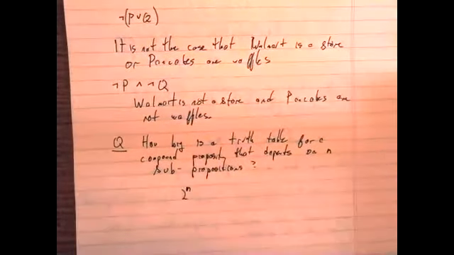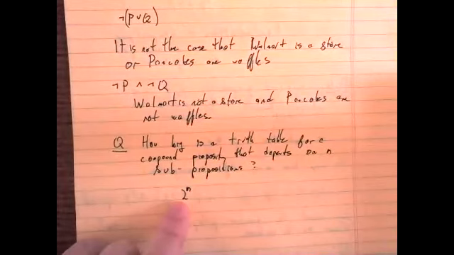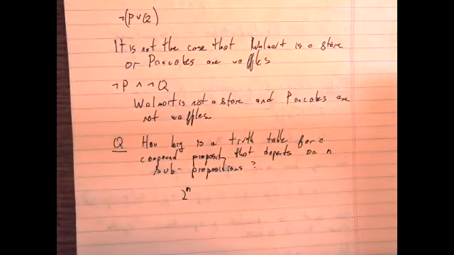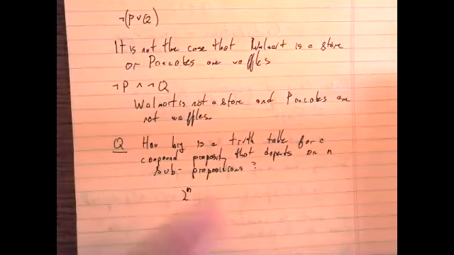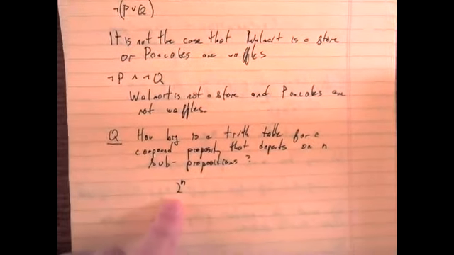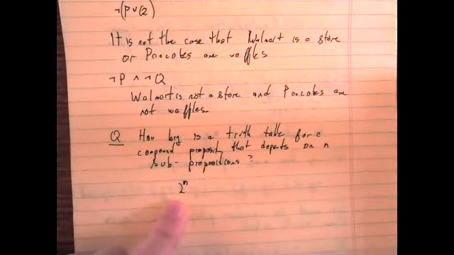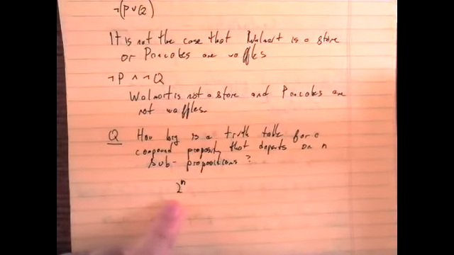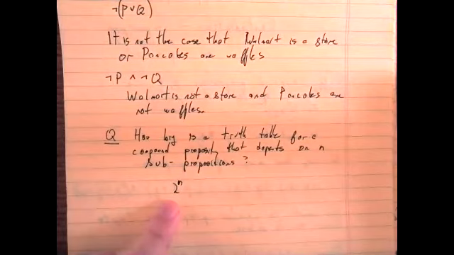2 to the n, because essentially there are two options for each sub-proposition that we have to check, either true or false. So there are going to be 2 to the n ways of choosing combinations of true or false for each sub-proposition. So you can see that the size of truth tables is going to get extremely large as we start adding more and more propositions.